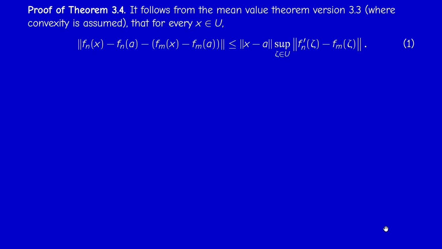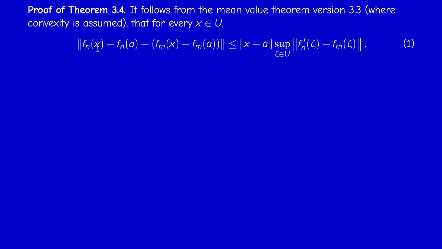Okay, so proof of the first theorem. Since U is convex, we can apply the mean value theorem, version 3.3, to the function fn of x minus fm of x. You can call it g of x if you like.